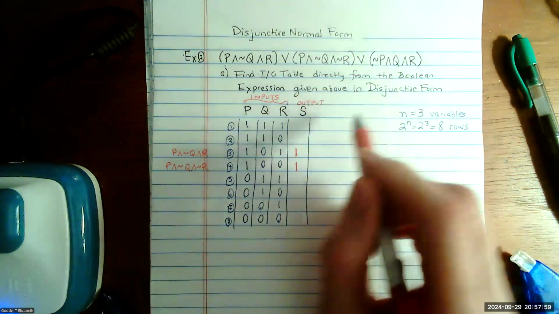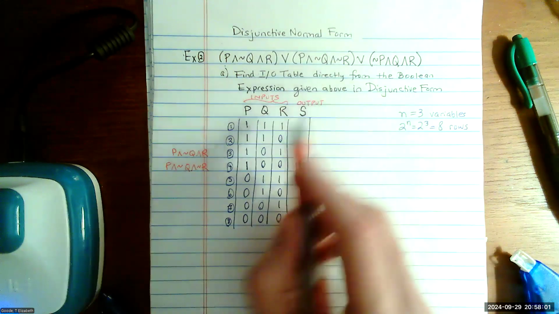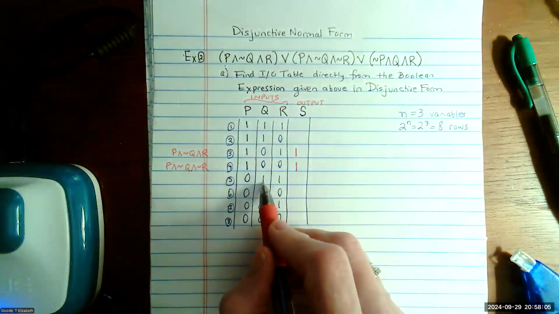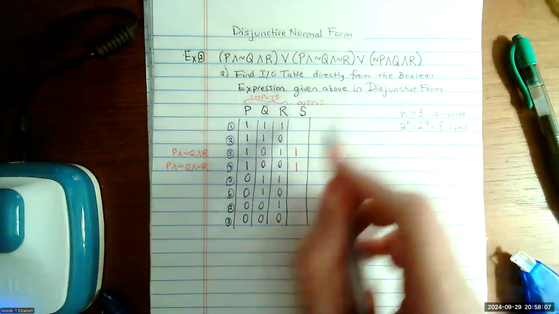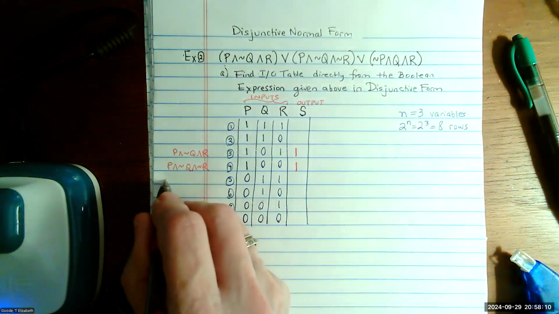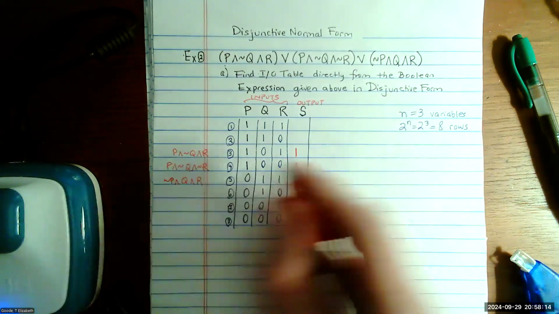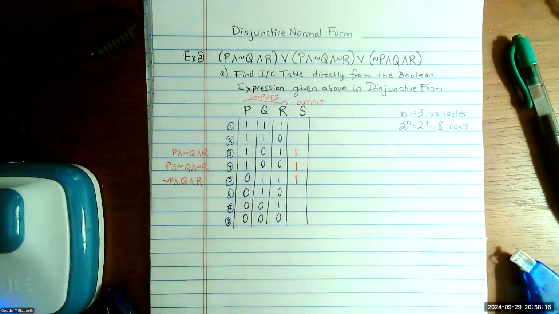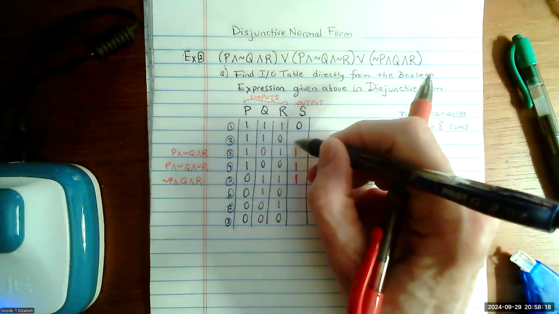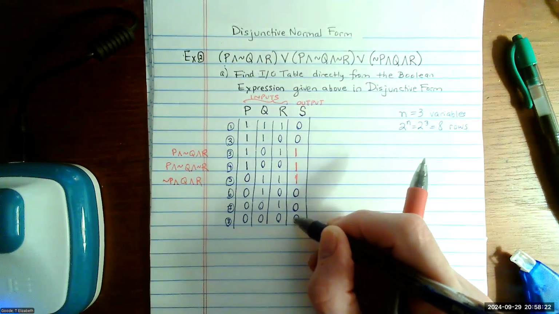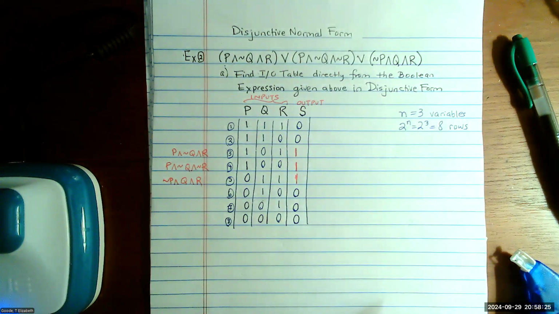It sure is, because P is cold, P is 0, Q is hot, Q is 1, and R is hot. So this is described by not P and Q and R, and we want a 1 there. And then we want 0's everywhere else because the Boolean expression is a complete description of when we want hot output.